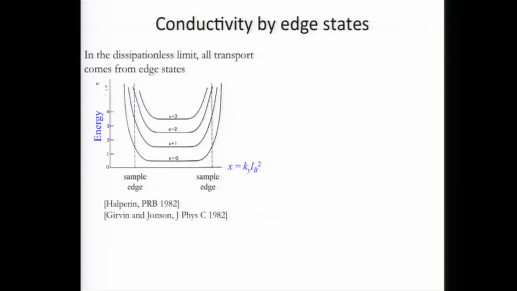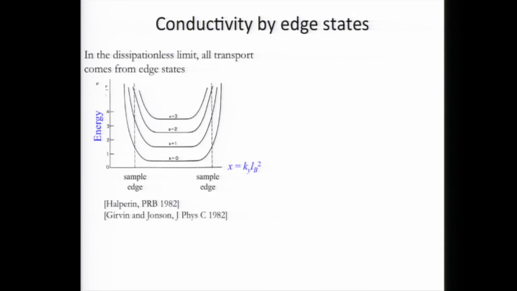On this side of the sample you have current going into the board, and on that side you have current going out of the board. If you apply an electric field in this direction, it biases the chemical potential, so I have a few more states over here than over here. And then you can understand everything just from thinking about those edge states.